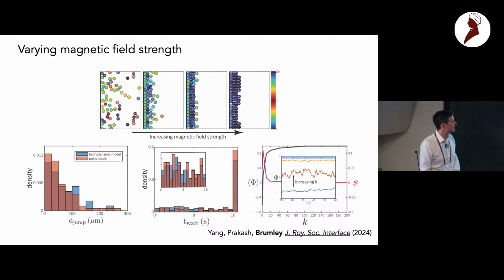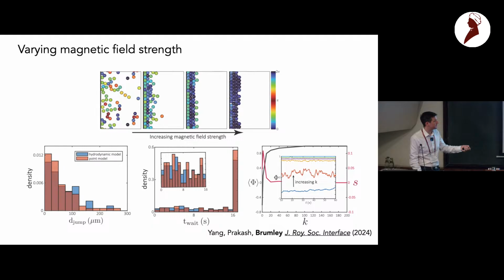We expect that. But what's interesting is that if you look at the standard deviation of the fluctuations here, the time-dependent order parameter, this has a very strong non-monotonic dependence. These will be very small in the case of low field strength because they can move around independently. When the field is very, very strong, it suppresses all fluctuations, so it goes back to 0.